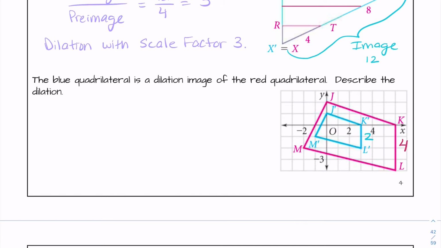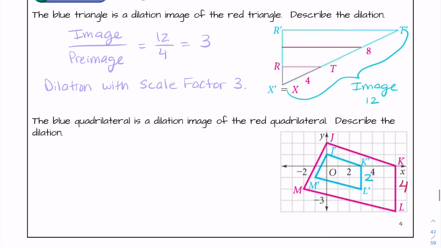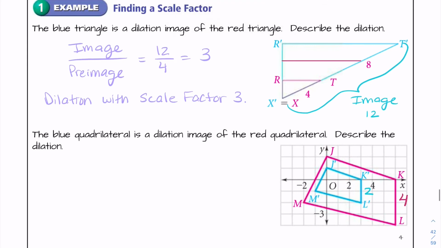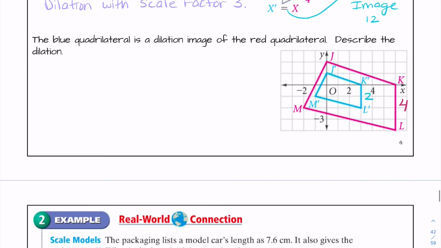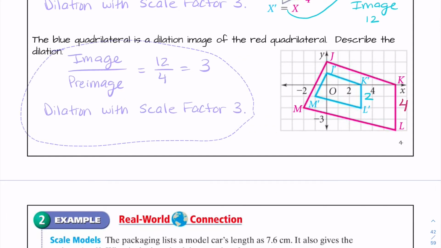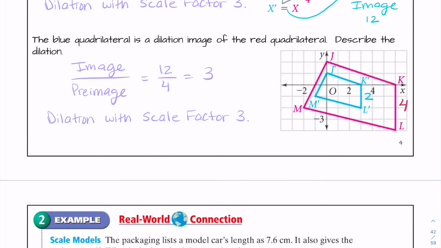And so I'm going to do image over pre-image. You know what? I can literally just copy paste everything above and change the numbers. It says describe the dilation. So I'm going to change this.